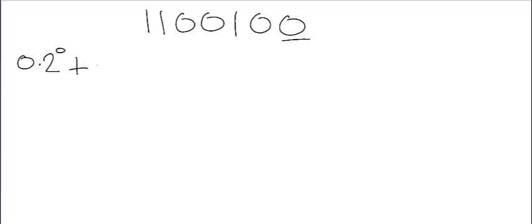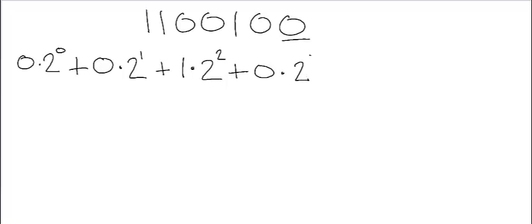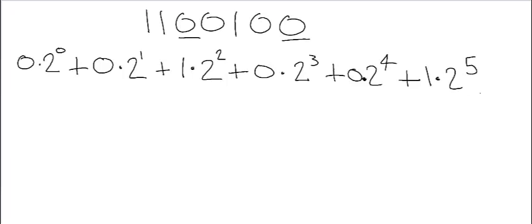This is our first position, so it's going to be 0 times 2 to the power 1, plus, and then we have a 1 here in our second position, so 1 times 2 to the 2, plus 0 times 2 to the third, plus 0 times 2 to the fourth, plus 1 times 2 to the fifth, plus 1 times 2 to the sixth.